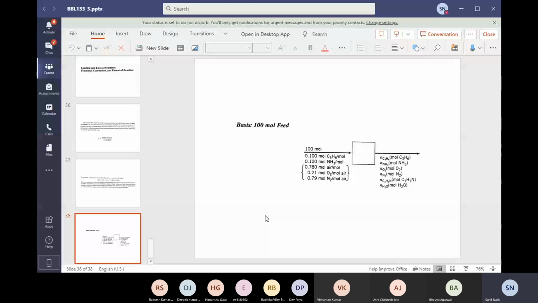Now, as I said, normally we want to look at yield based on how much fresh feed you fed into the system. Of course, I can look at yield based on how much was the combined feed, if there was a recycle, or how much of the reactant was consumed by the reactor. That also I can look at.